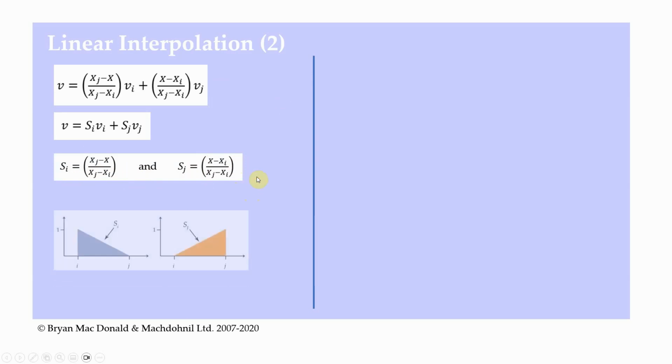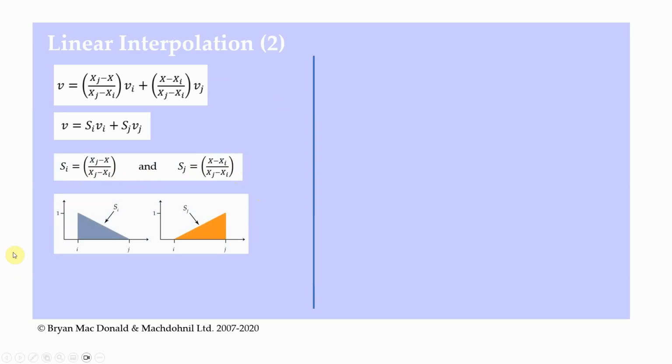One of the first things we can note about them is that each shape function has a value of 1 at its own node, or its own point, and a value of 0 at the other point. For example, for the shape function Si, if we put in a value of xi for x, we get a value of 1, because we have (xj minus xi) divided by (xj minus xi), which is basically 1 over 1.